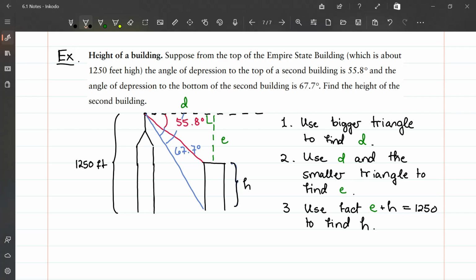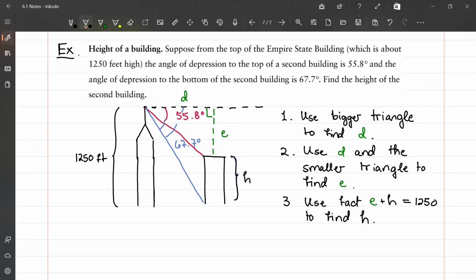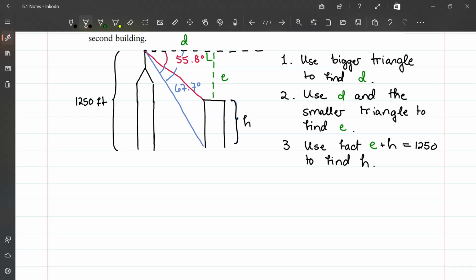Finally, since I know that when I add E and H together, I get 1250, which is how I know the vertical side length of this bigger triangle is equal to 1250, then I can simply use this equation and the value of E to figure out what H is. It seems like a lot of work, but it's actually not if we break it down into these small steps.